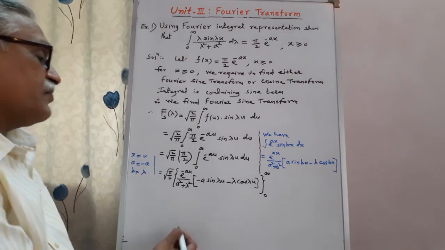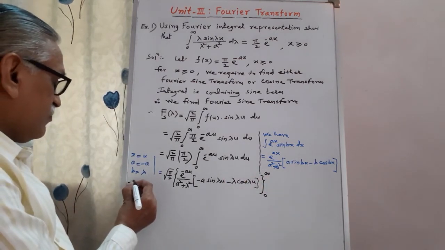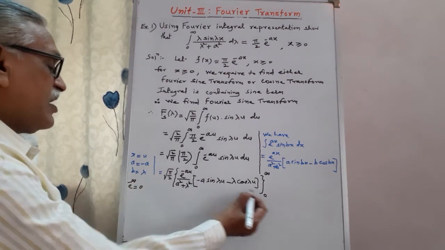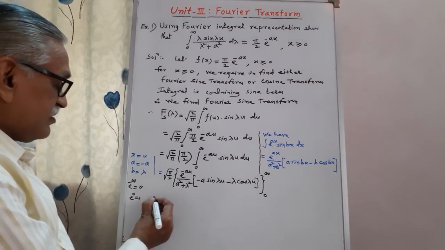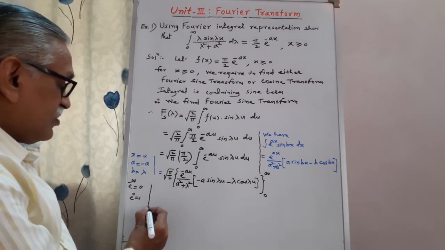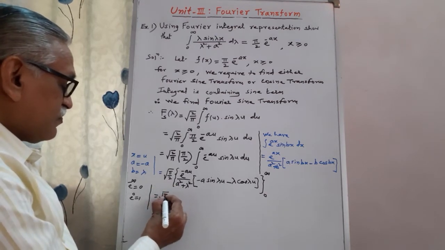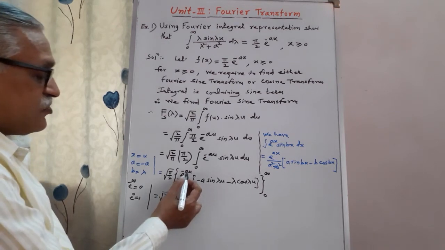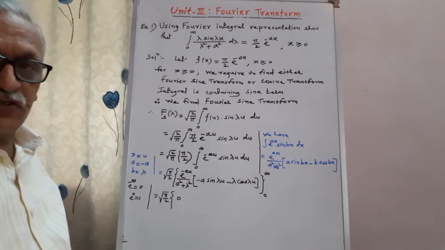And then substituting the upper and lower limit, we have two standard values. E raised to minus infinity we get 0, and for the lower limit it is e raised to 0 as 1, and therefore, using this, we have root pi by 2 as it is. E raised to minus infinity is 0, and 0 times anything we get 0.